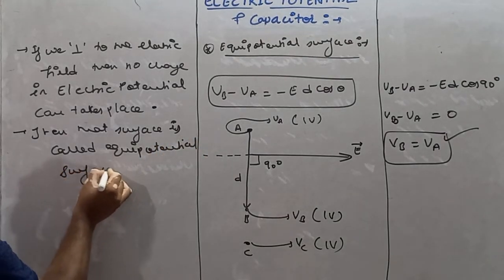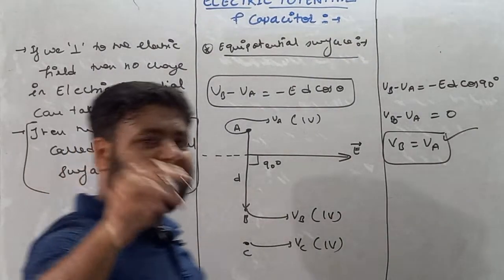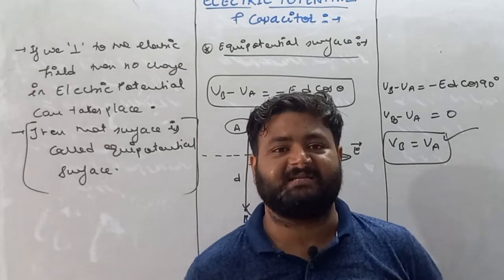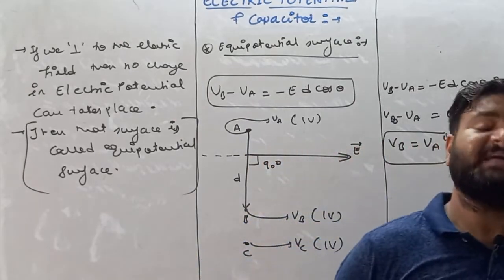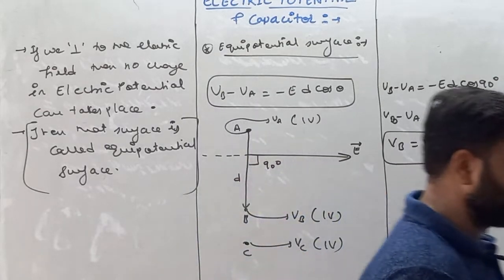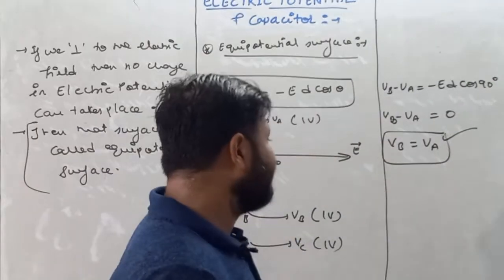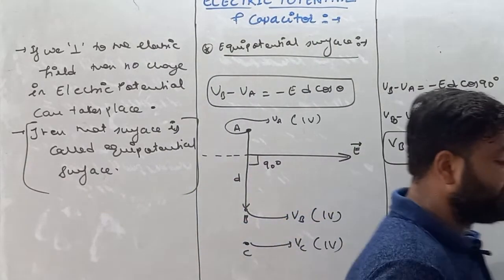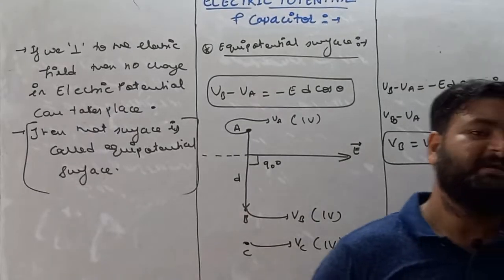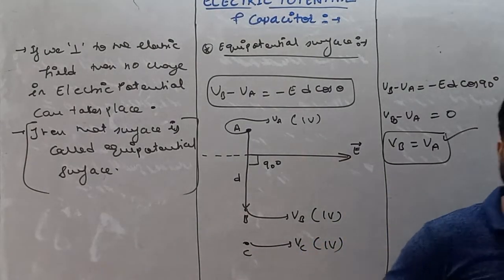The meaning of equipotential surface is the space or the surface on which each point carries the same potential, and this only happens if the electric field is perpendicular to displacement. So write down the definition of equipotential surface.